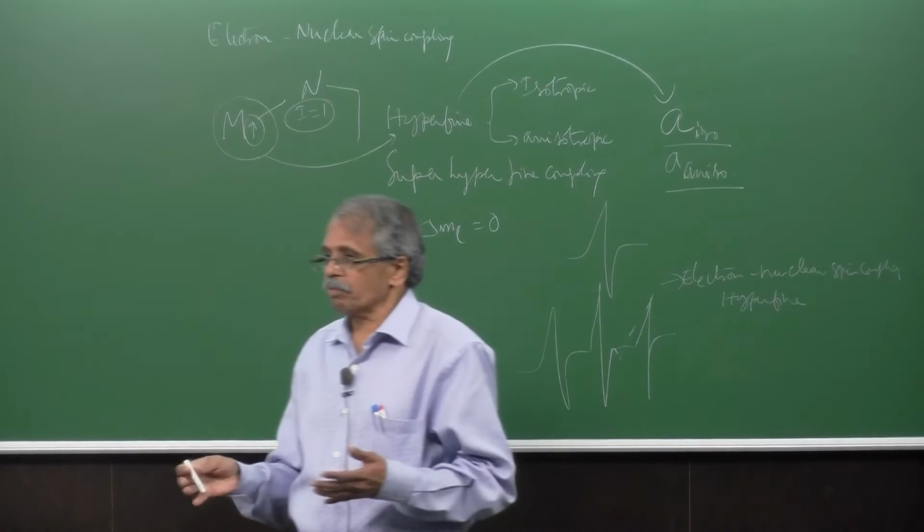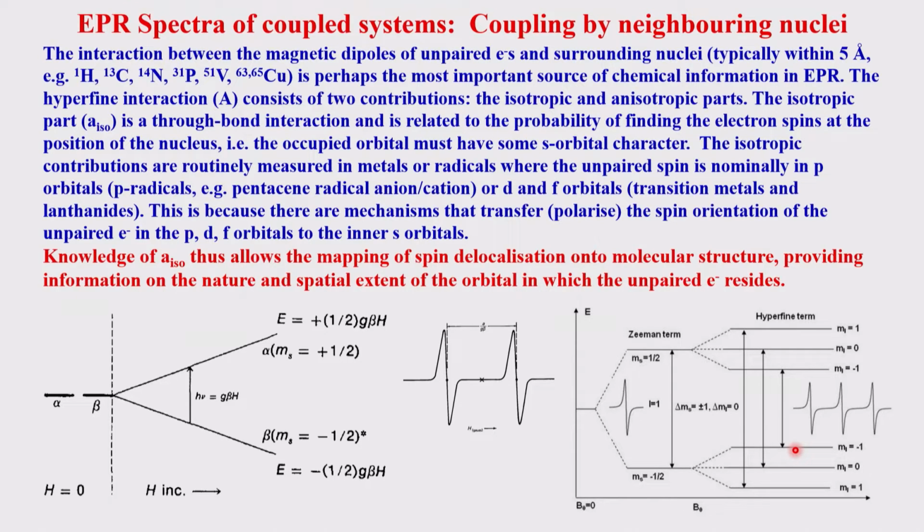So if the electron is also present in the same nucleus, then hyperfine. If it is present at the atom that is connected to that, then super hyperfine interactions. You can see that measure the difference between these things and calculate your A value out of this.